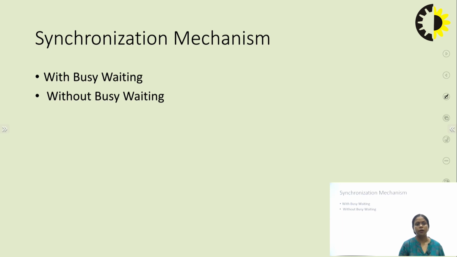Now, what is the meaning of busy waiting? Busy waiting means, for example, if this is the critical section, and in this critical section there is a process P1, and there is another process P2 which also wants to come into the critical section.